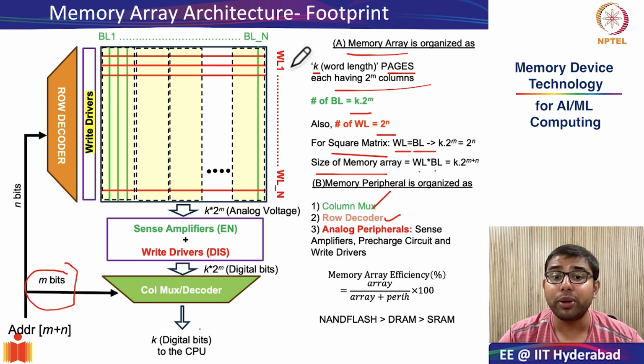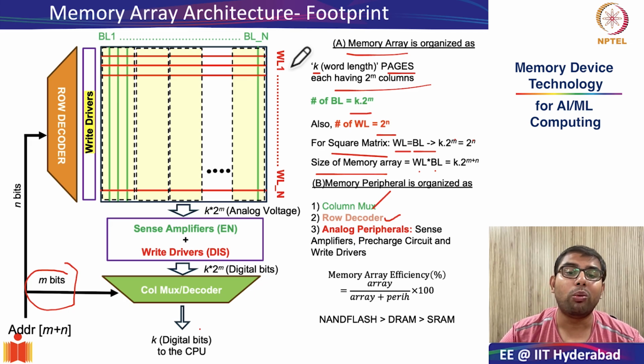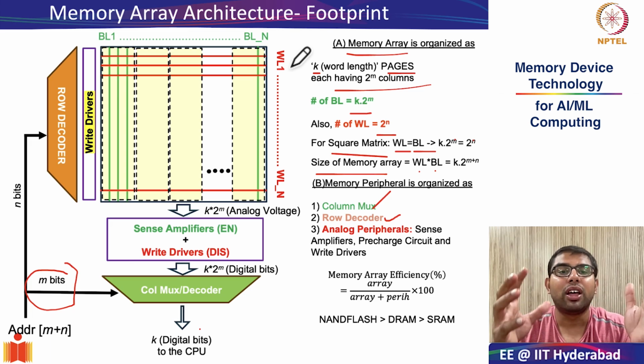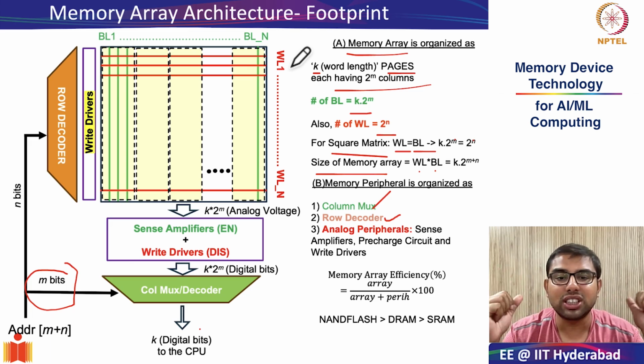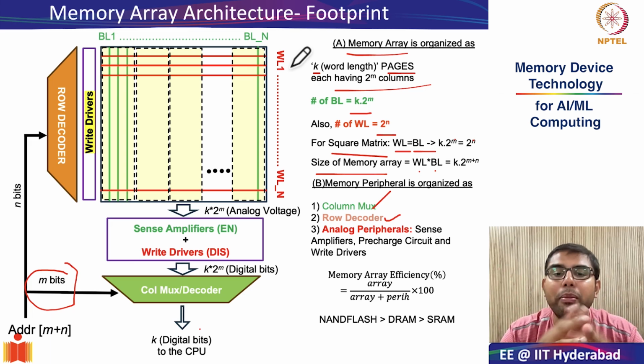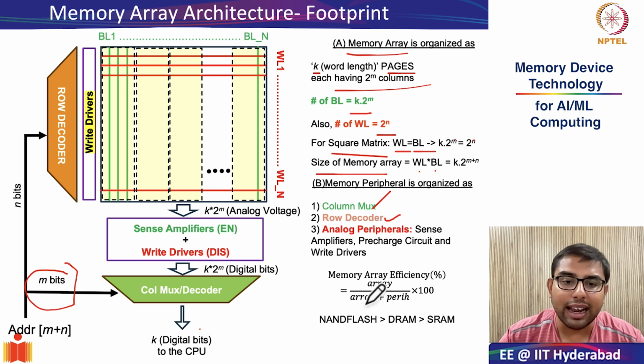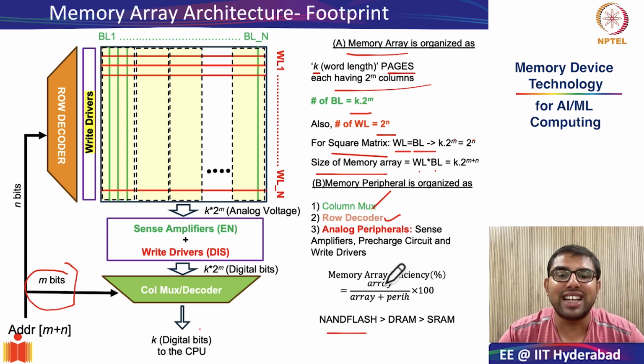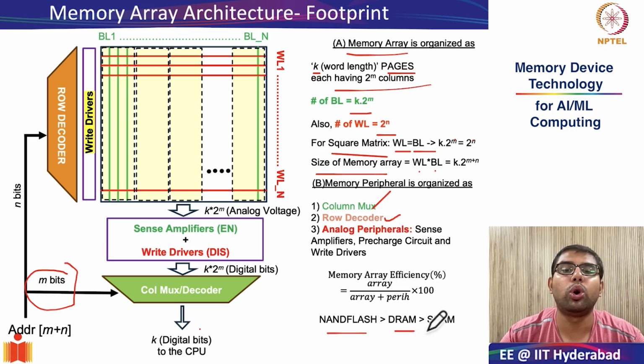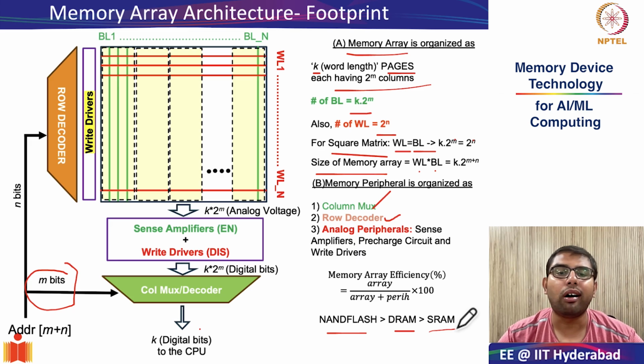It is a very important concept because it tells you the percentage of area consumed by the array versus the total memory area. We saw that in NAND flash this was maximum, simply because the memory array is really high density, followed by DRAM, followed by SRAM. For NAND flash, the memory array efficiency is roughly 80%.